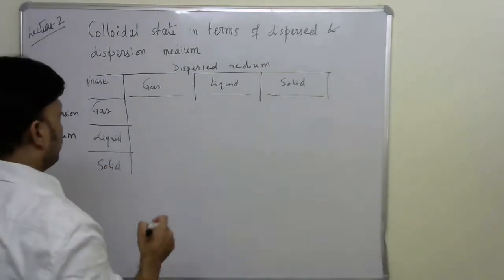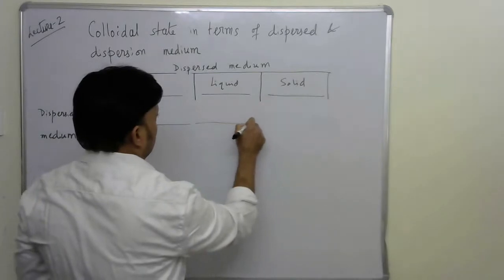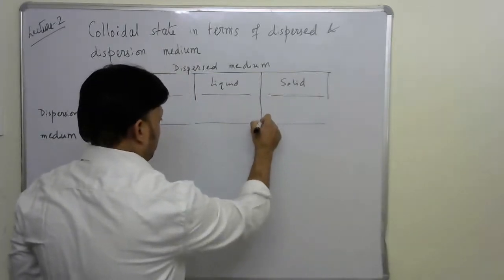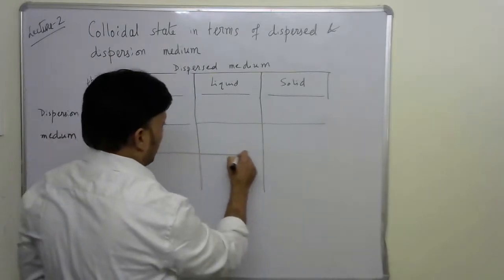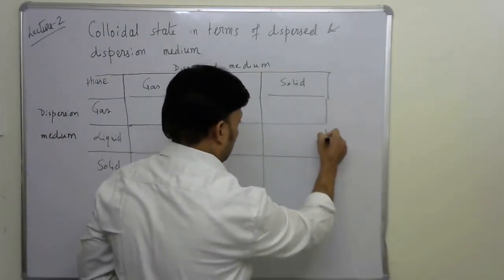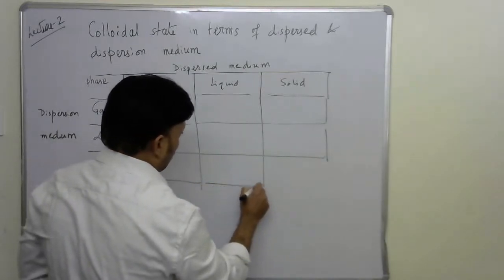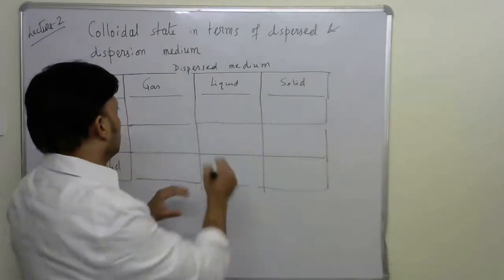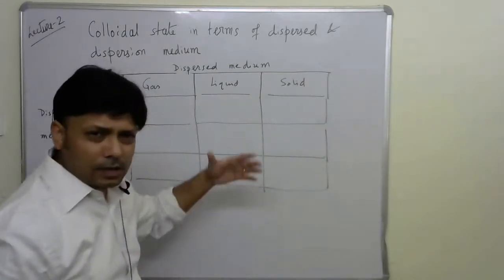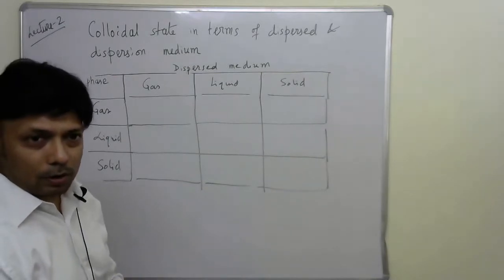Okay, so therefore we have a 3x3 matrix basically. So we have a table, and our next job is to identify each different class of colloidal state or colloidal material.